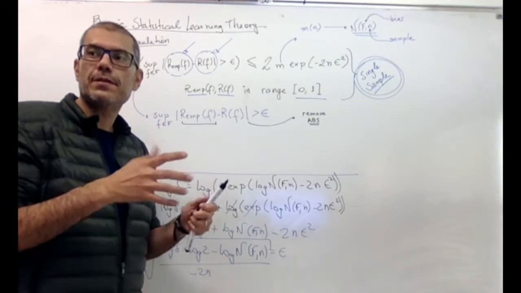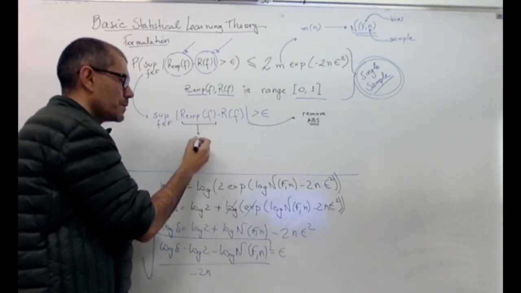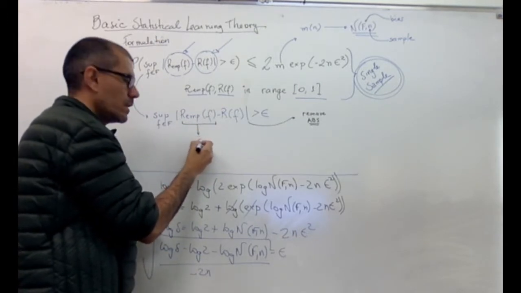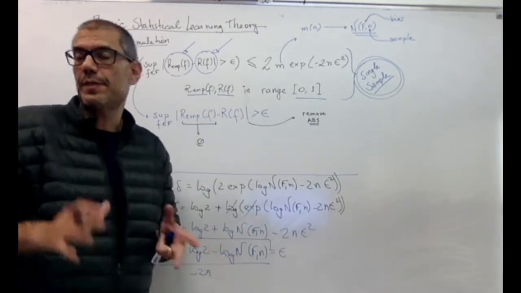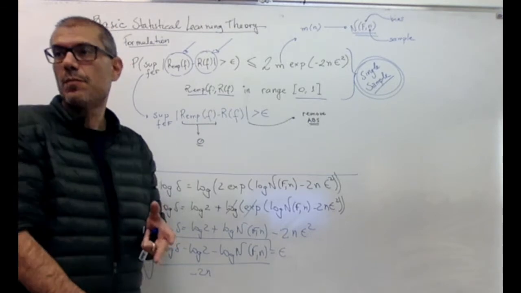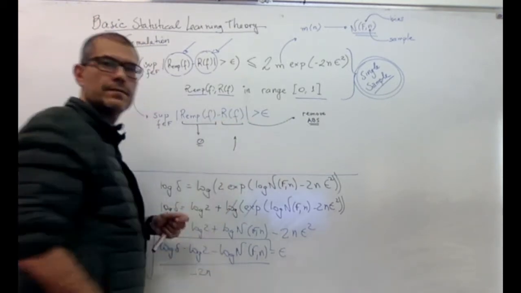When I overfit, this term will be as close as possible to 0, or as close as possible to some small value. Not necessarily 0. And this will be very big.